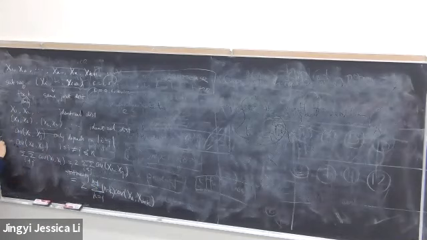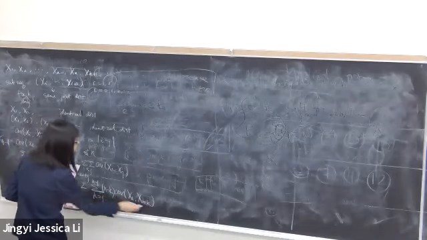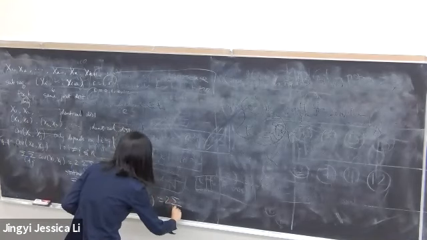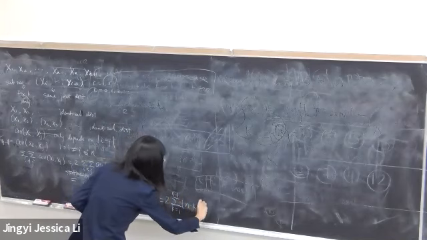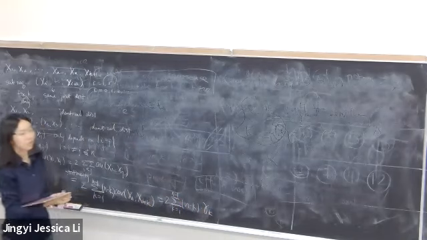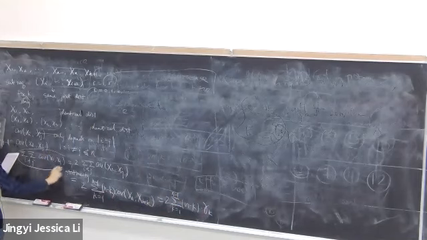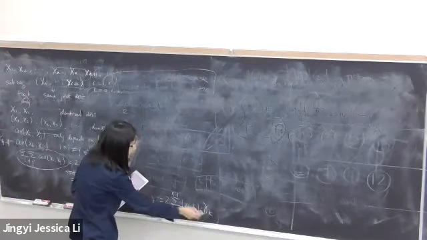I just denote it as gamma of j minus i. So in other words, I can write this as 2 times the summation over k from 1 to n minus 1 of n minus k times gamma k. Therefore, I can simplify this summation of covariances simply based on gamma 1 to gamma n minus 1.